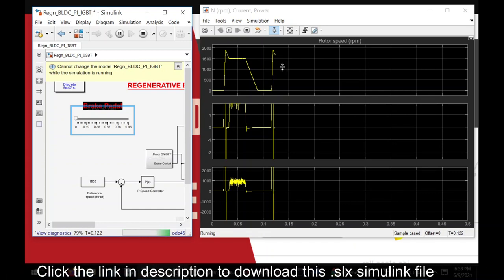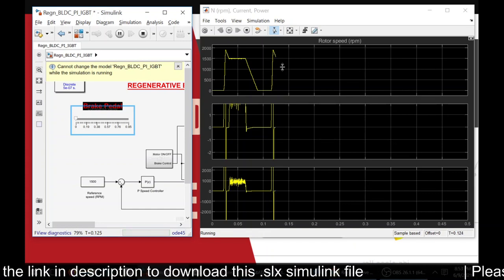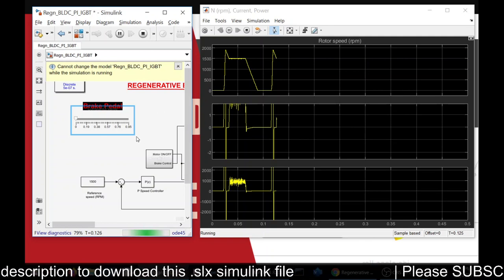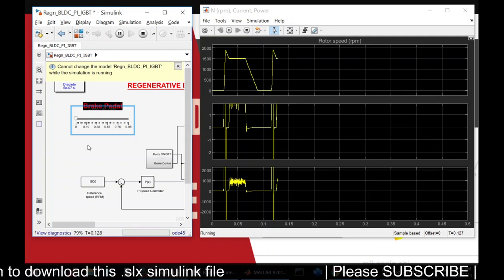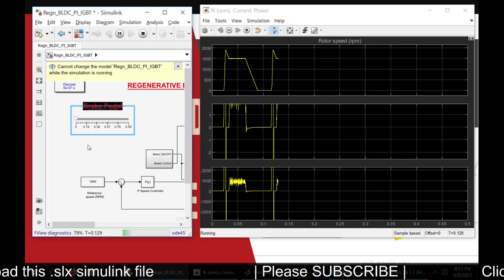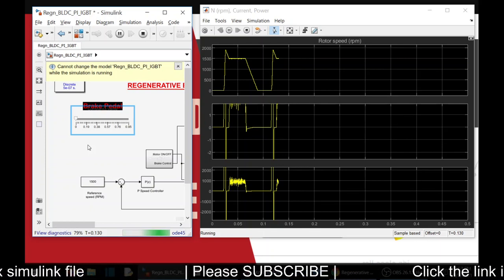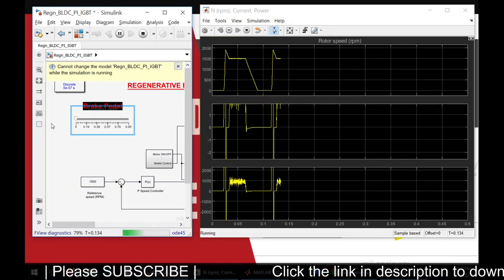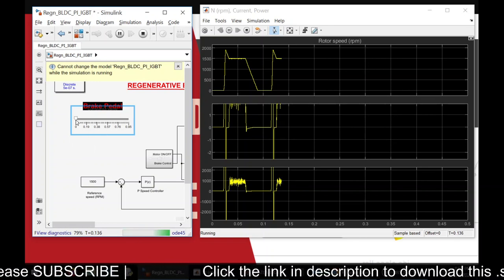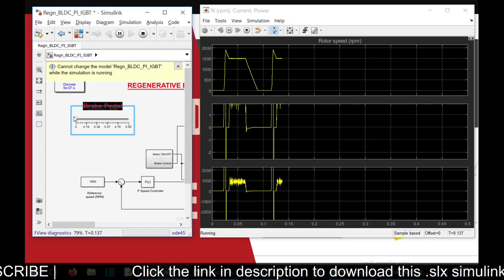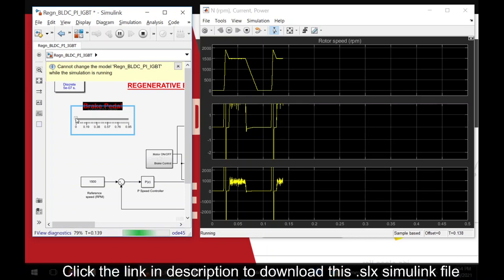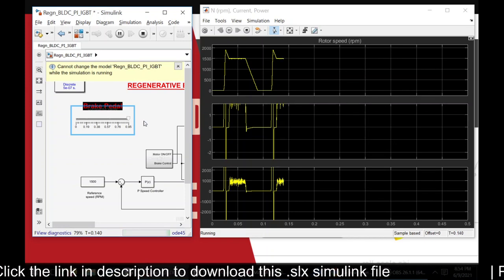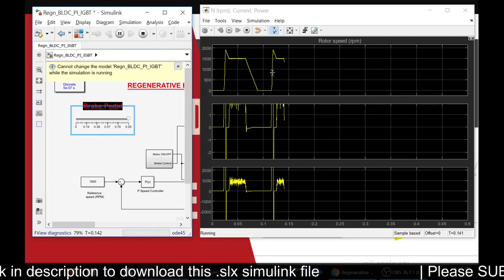It is trying to settle at the speed of 1500. Okay, now it has reached its set speed. Now let us apply a heavy brake. I'm going to apply a heavy brake. Okay, full brake. You can see the speed decreasing suddenly.